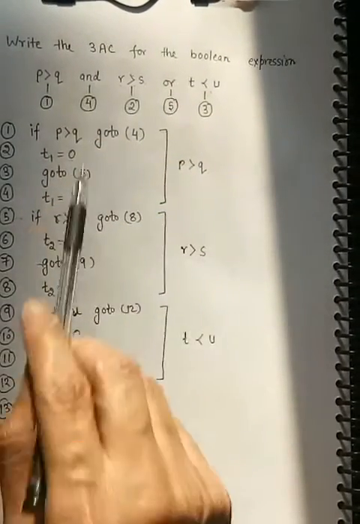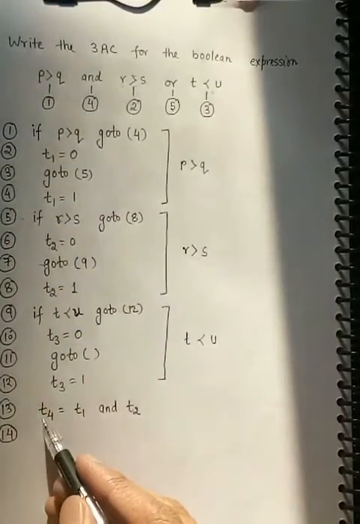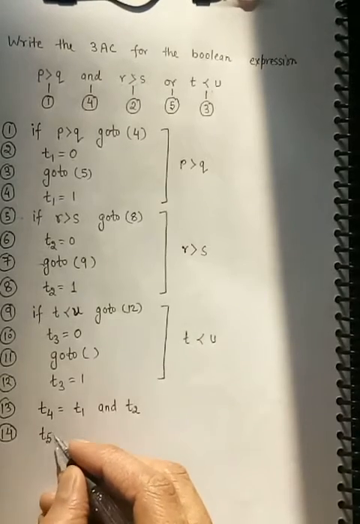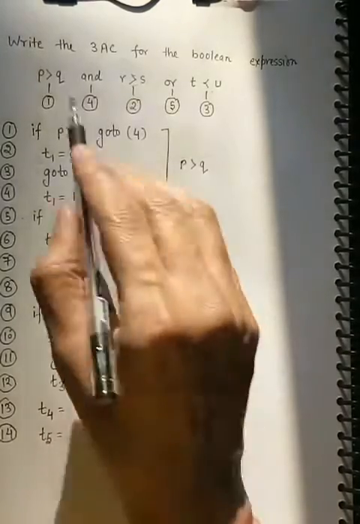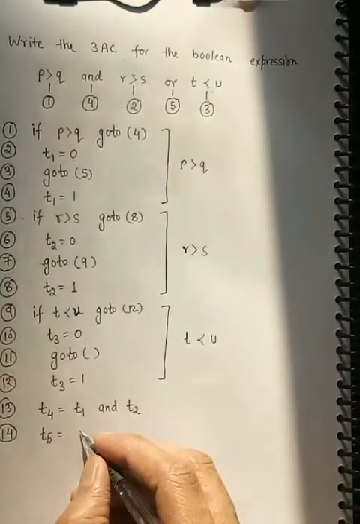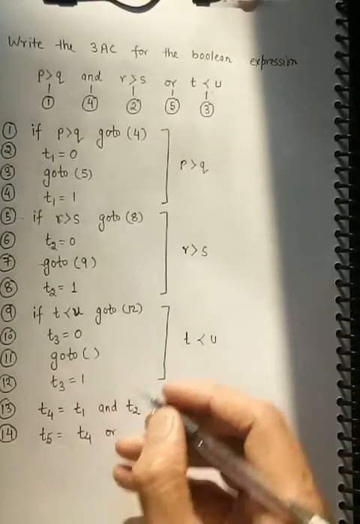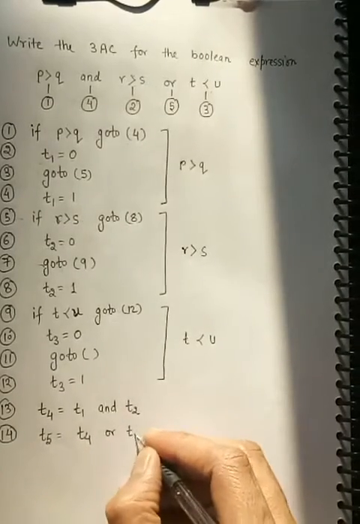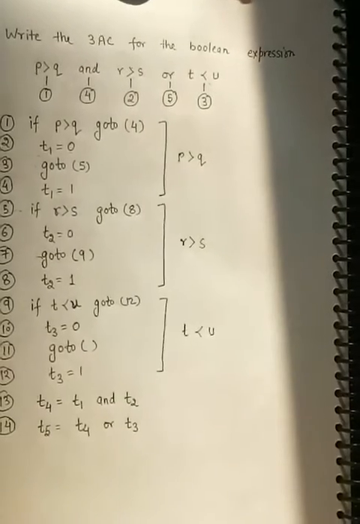So here the value of this AND is stored in compiler generated temporary variable t4. At that time I am going to use another compiler generated temporary variable t5, and the value of this expression stored in t4 is ORed with the value of this expression, which is already stored in t3. Okay, so here you can see that this is the final answer.